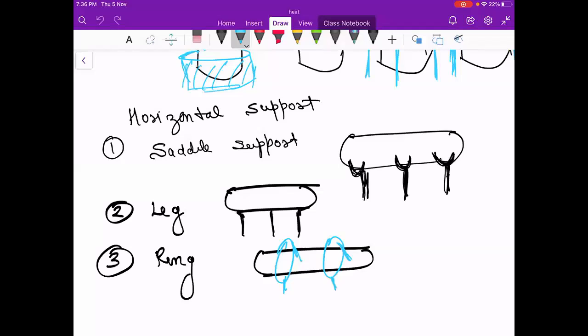No, they are not going to ask you about the manufacturing process. How can they ask you how you will manufacture a saddle support? Is this the work of a chemical engineer? No, they are not going to ask you.